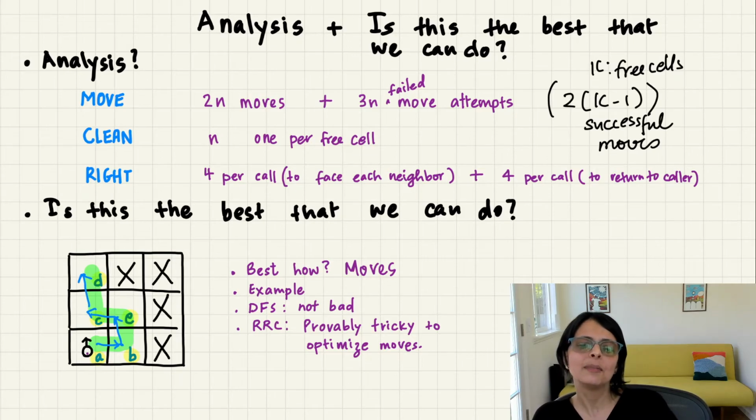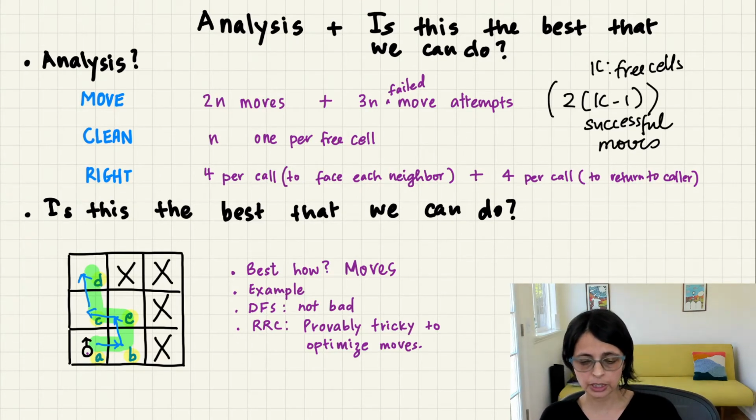So that should make us feel even better about our DFS solution, because it's not just that the DFS does not produce the least possible number of moves for every input graph, it's actually that algorithm doesn't exist. It's not possible unless P equals NP. So we are within a factor of 2.